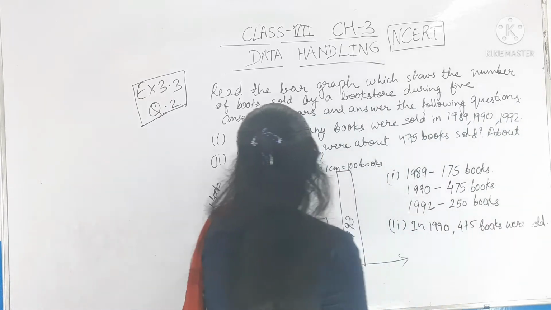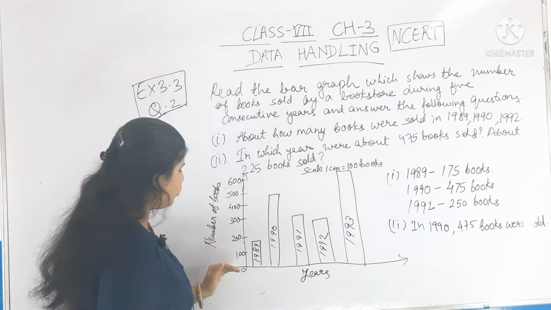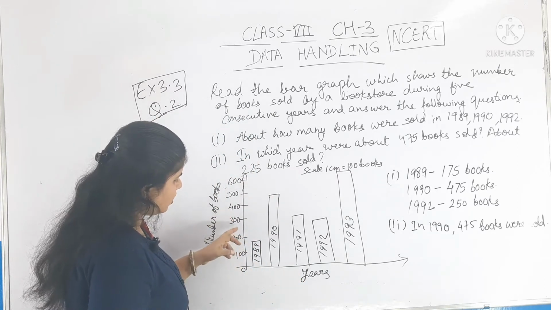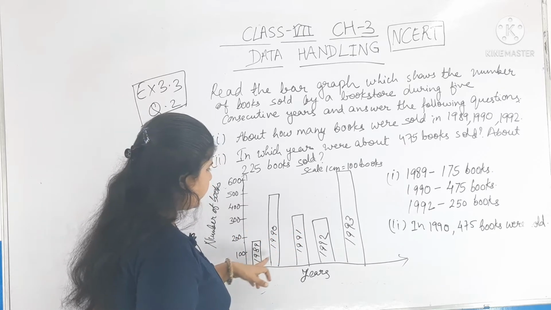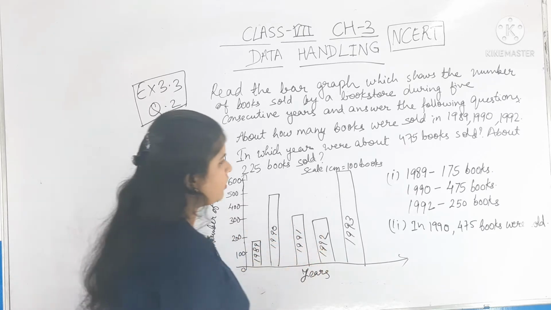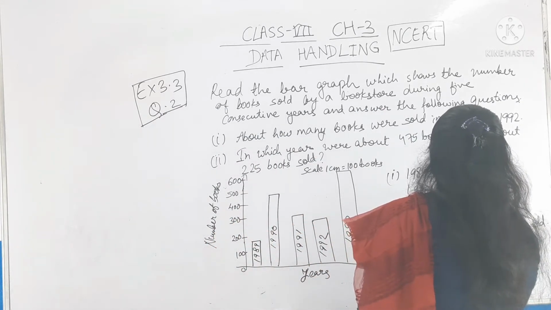Now, about 225 books sold. So about 225 books means less than 250. So you can see here less than 250 is 1989 and 1992.